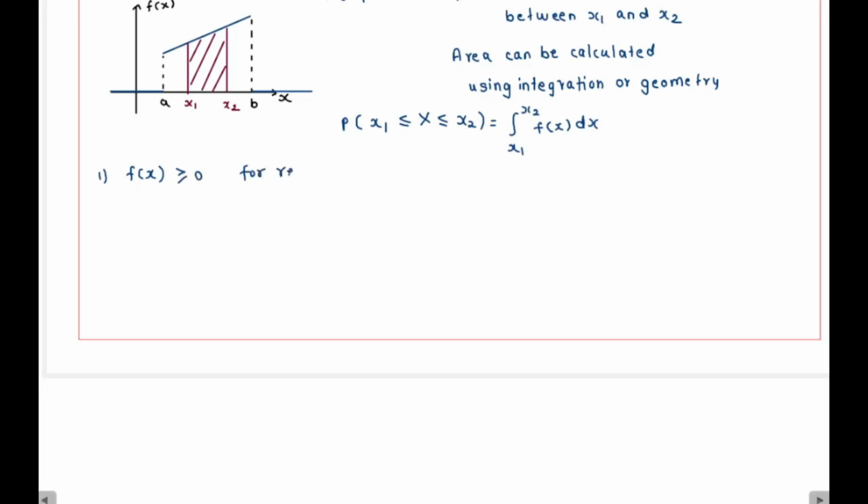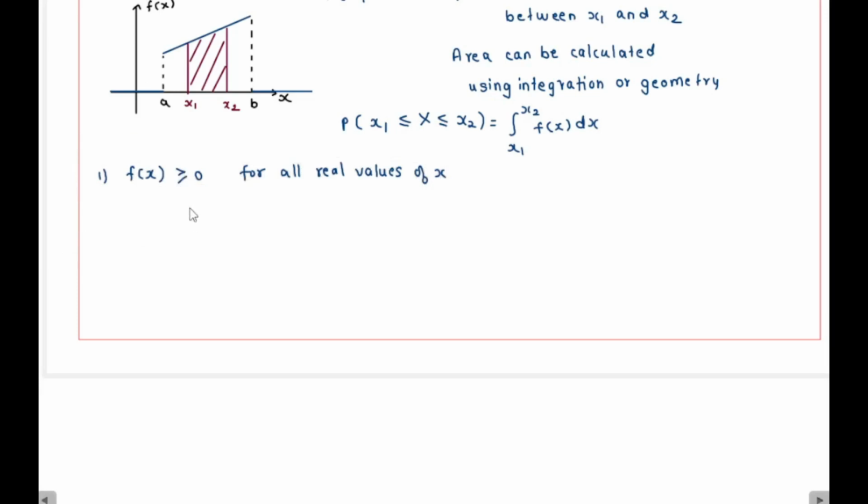But what value can f of x take? f of x can take a value equal to 0 or greater than 0.